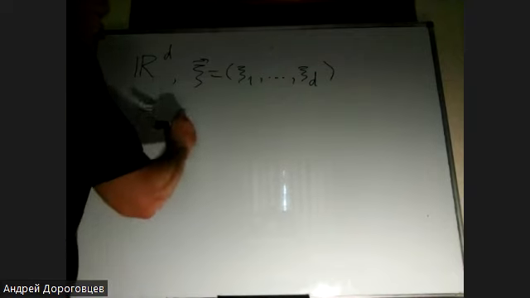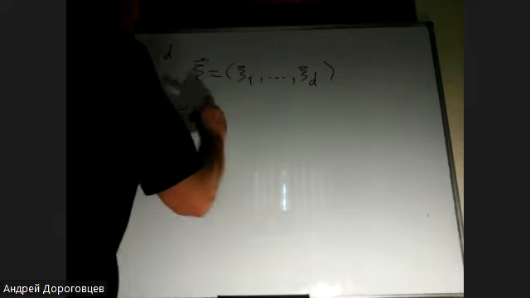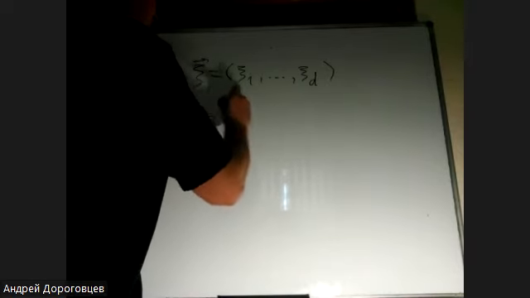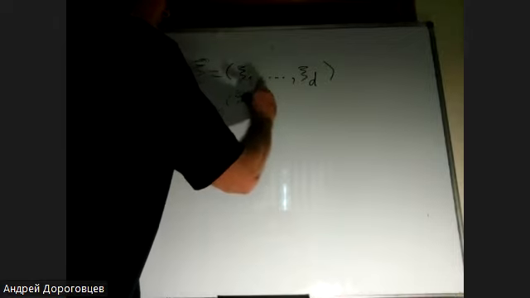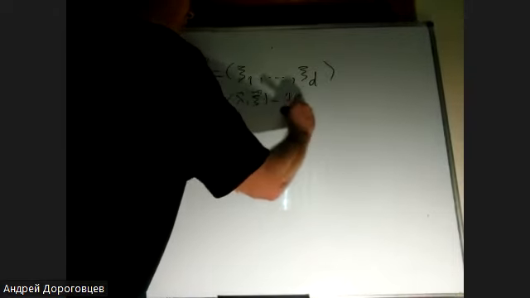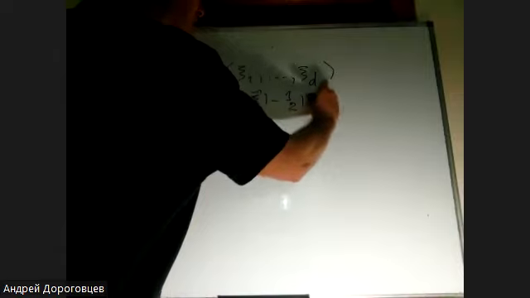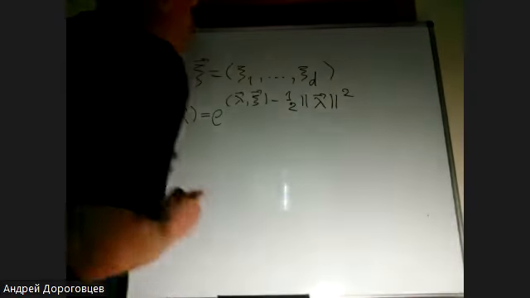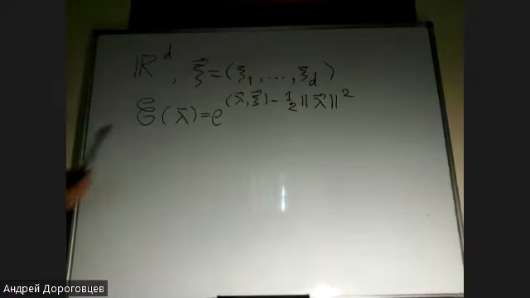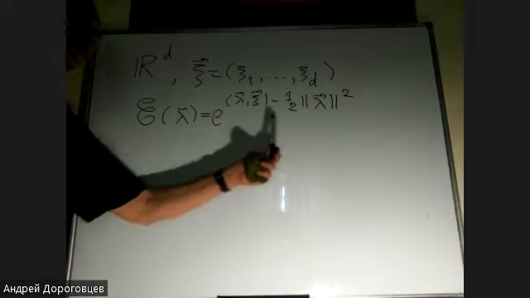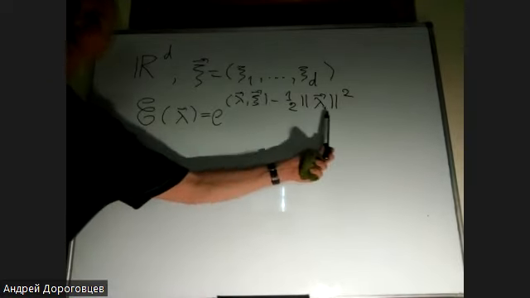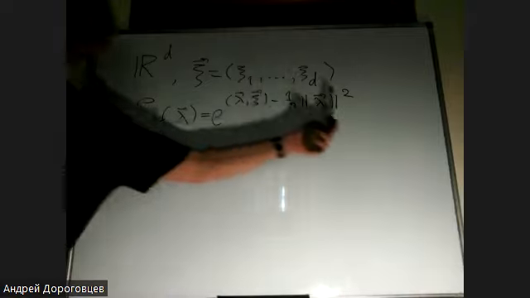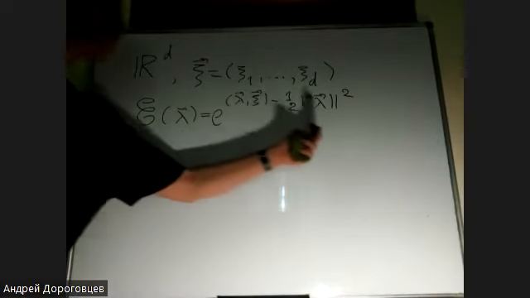It depends on the vector λ, and it is the exponent of (λ, ξ) minus 1/2 of the norm of λ squared. And as you can see, this is a non-coordinate way of writing.